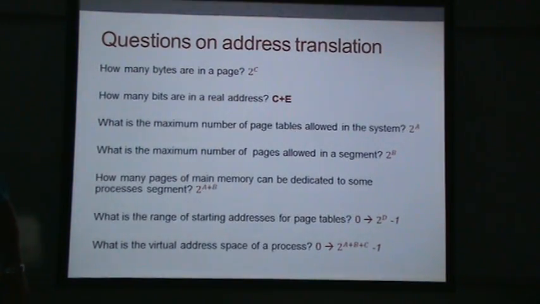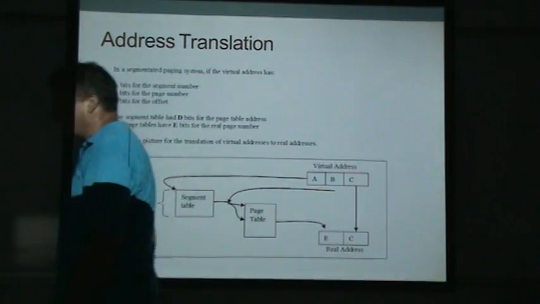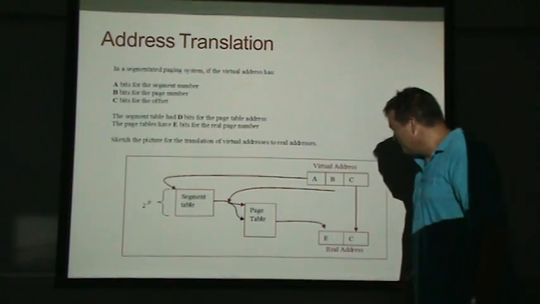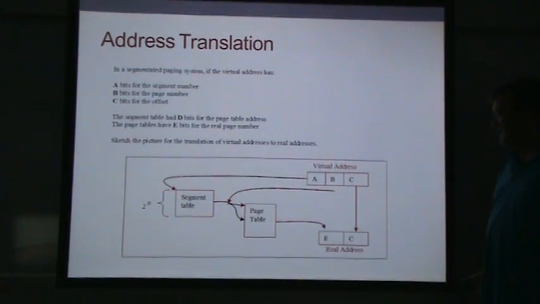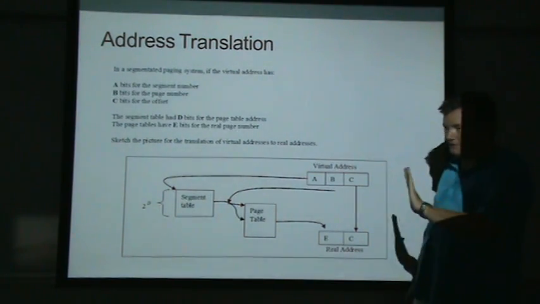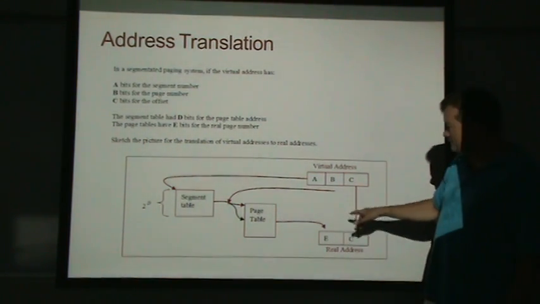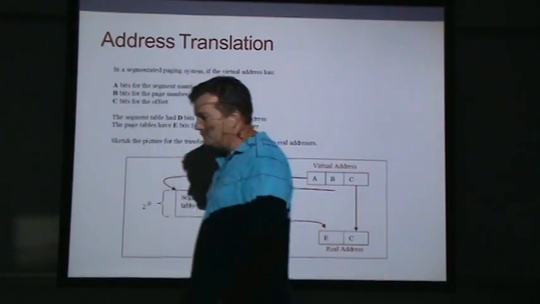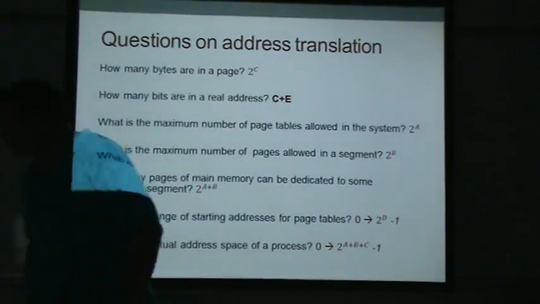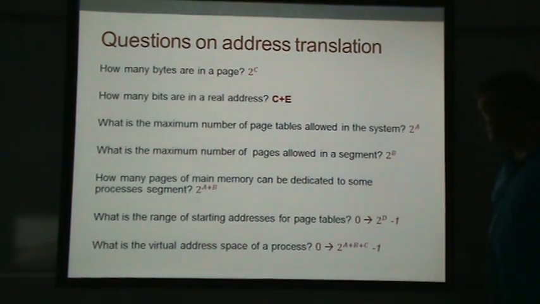And then, anything else interesting? What is the range of starting addresses for the page tables? Students have asked about this. A lot of times the operating system starts at address 0, but I'm just saying it's from address 0 up to 2 to the D minus 1.